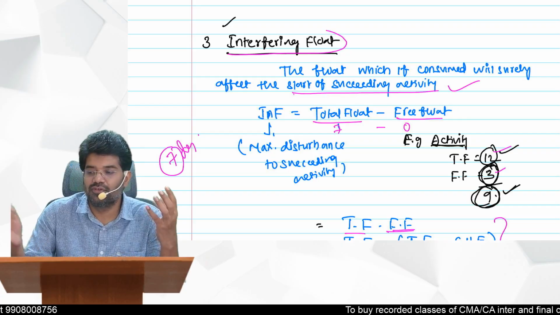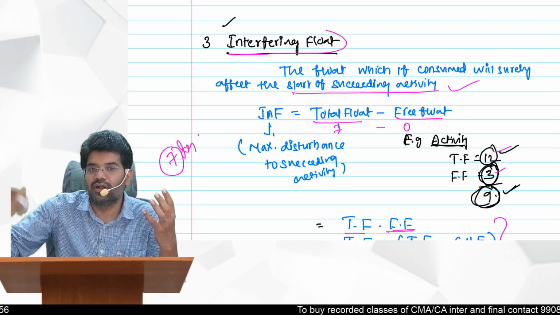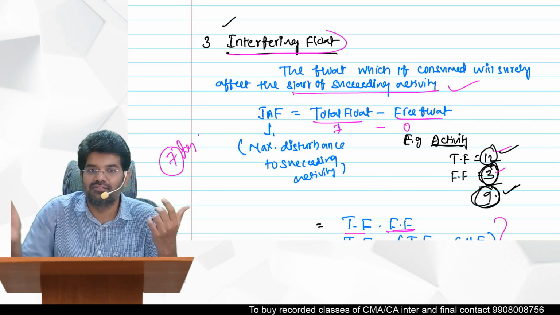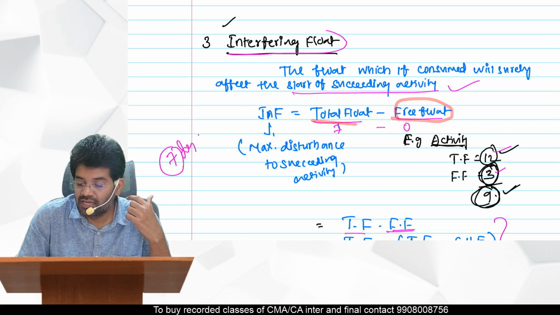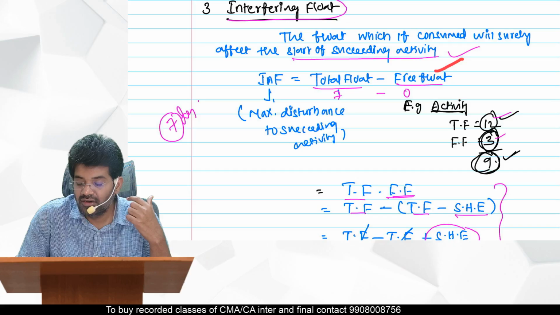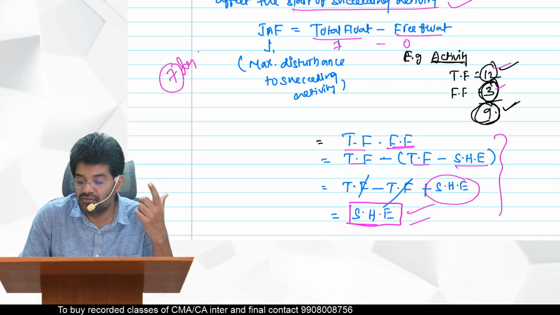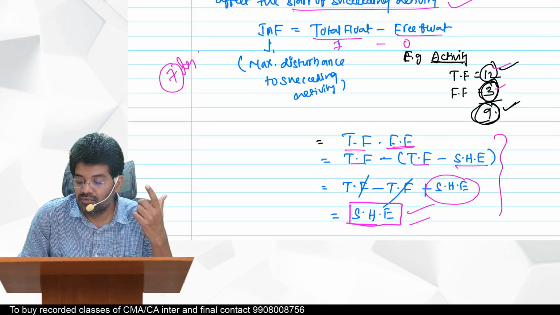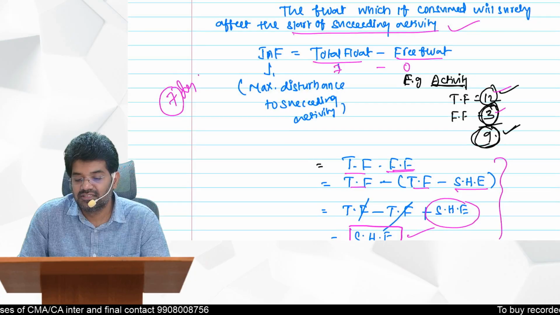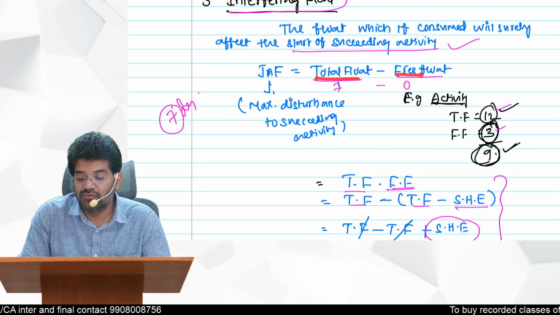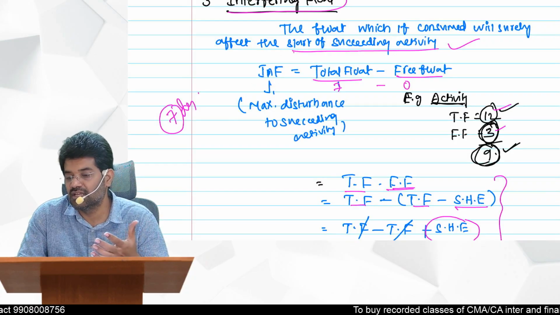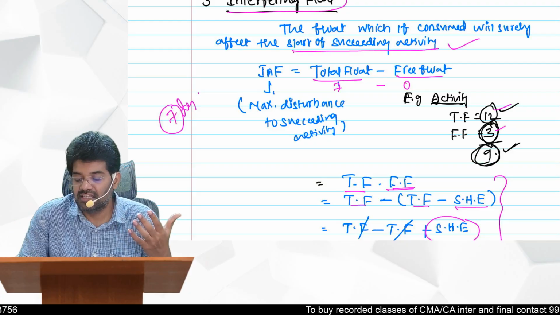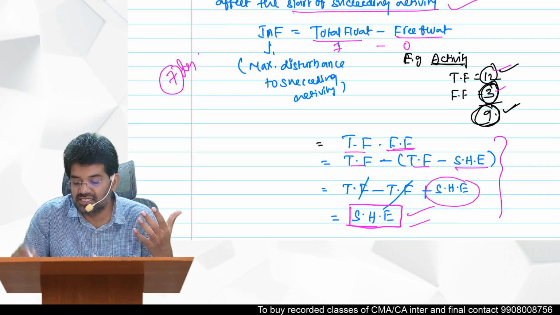From total float, if you remove free float, which will not affect the next one, the remainder is interfering float. So total float minus free float. How do you get free float? Already the earlier formula: total float minus slack of head event. So this one will get cancelled. Ultimately you have slack of head event. Shortcut. Either from total float you remove the free float and you get interfering float, or just take the slack of head event.